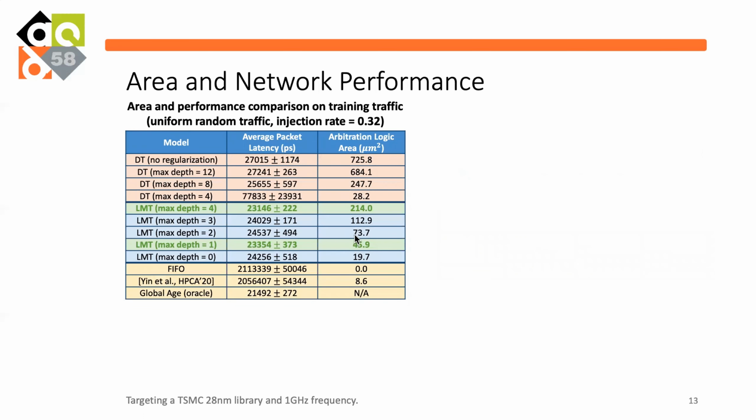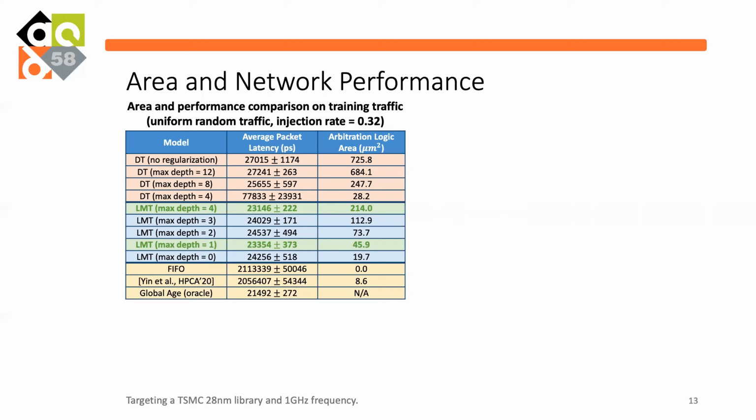Let's take a look at the performance of the learned arbitration logic. On the left side, I am showing the area and performance comparison of different arbitration policies under uniform random traffic. Notice that this is also the training traffic of our reinforcement learning agent. Rows colored in orange show the area and performance of logic distilled from decision trees.